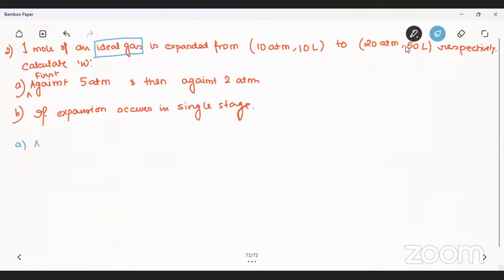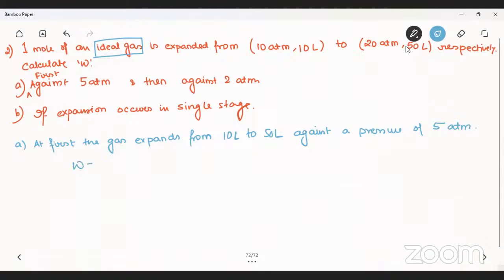So at first, the gas expands from 10 liters to 50 liters against a pressure of 5 atm. So what will be the formula for work done?